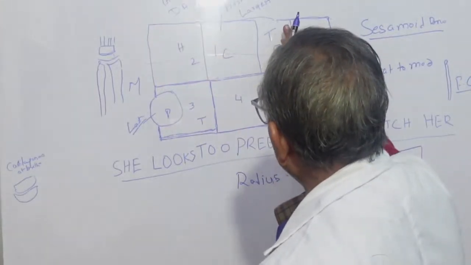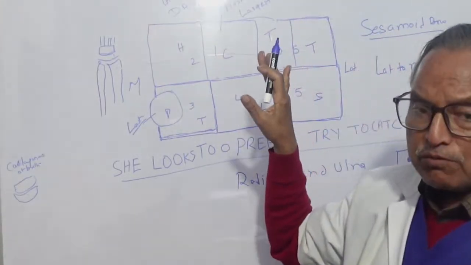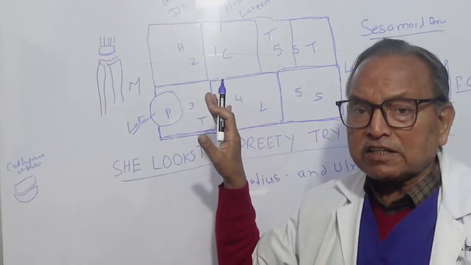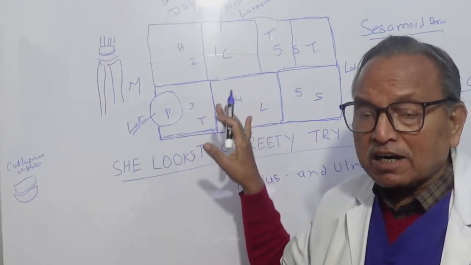All other bones will not be visible on the first birthday because there is no ossification center. It is made of cartilage.